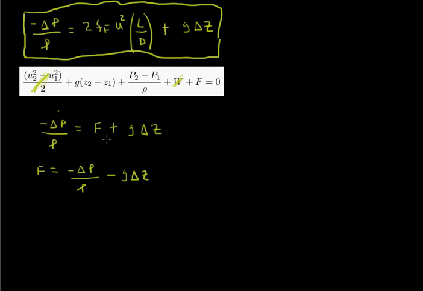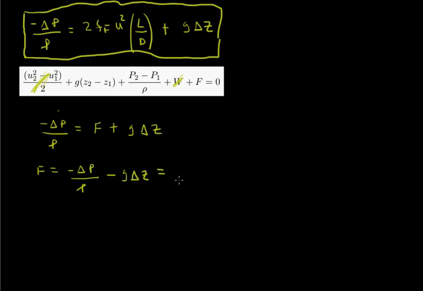You can see that if I plug this in, this entire expression will just get subbed right in here. And so I have a positive g delta z and a negative g delta z, so those are just going to cancel out.